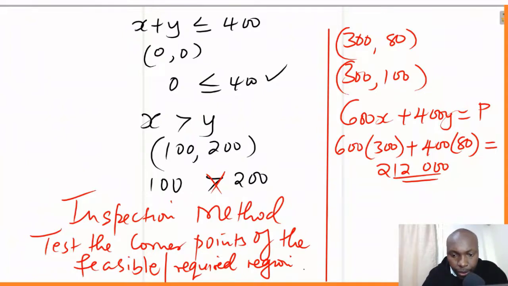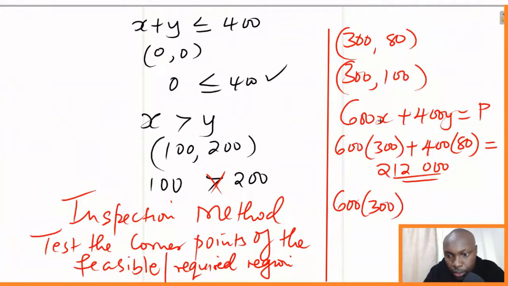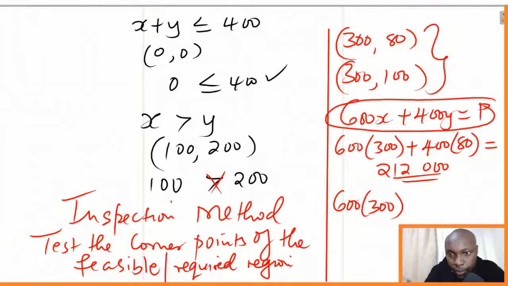Then the second one, you're going to test 300, 100. So 600, we substitute. This is the objective function, and then we are substituting these values of x and y, plus 400 in this case. So this is the x and this is the y.